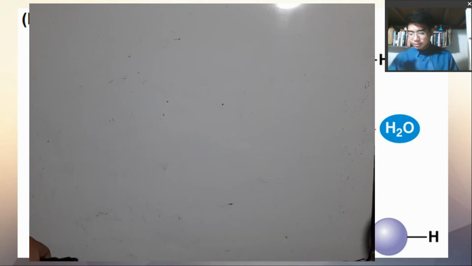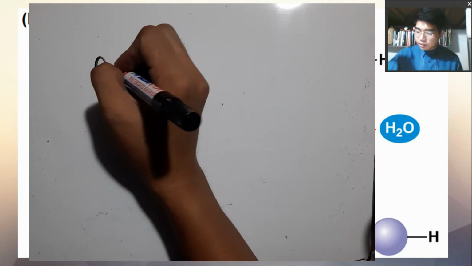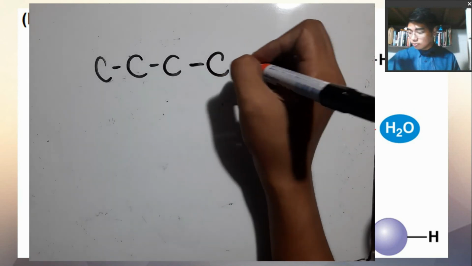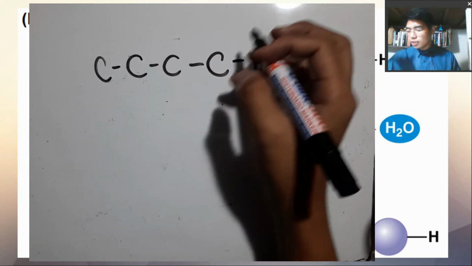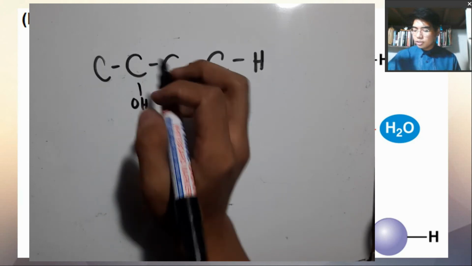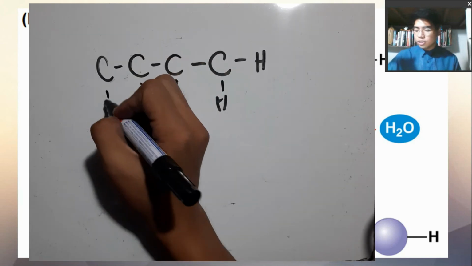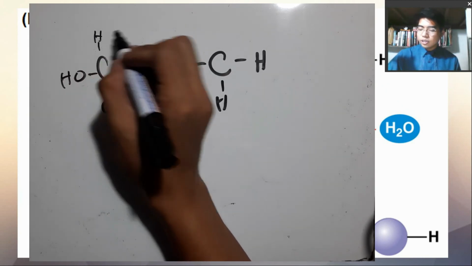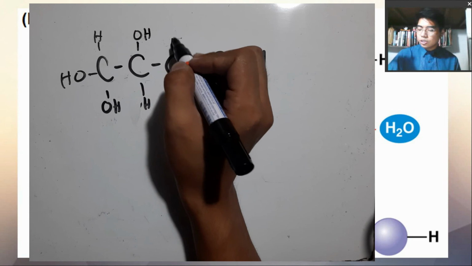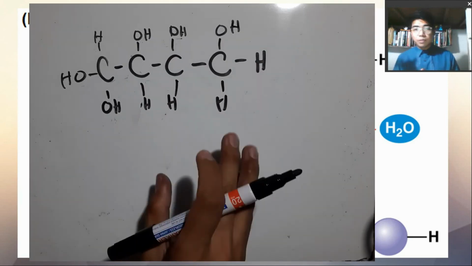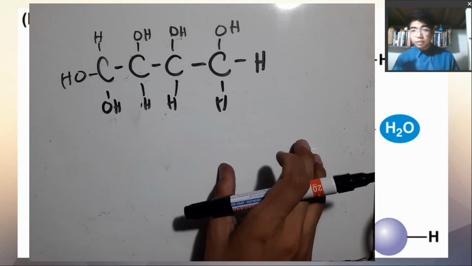Starting off with, as an example, we have here a 4-carbon compound possessing hydrogen, hydrogen, hydrogen, then OH, let's consider hydrogen, OH, OH, hydrogen, OH, OH, then OH. We have here our 4-carbon compound.